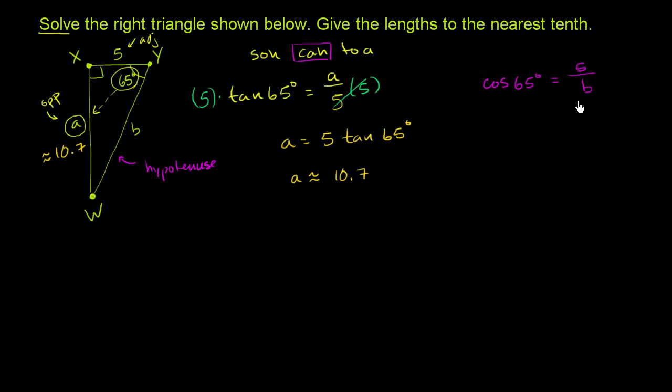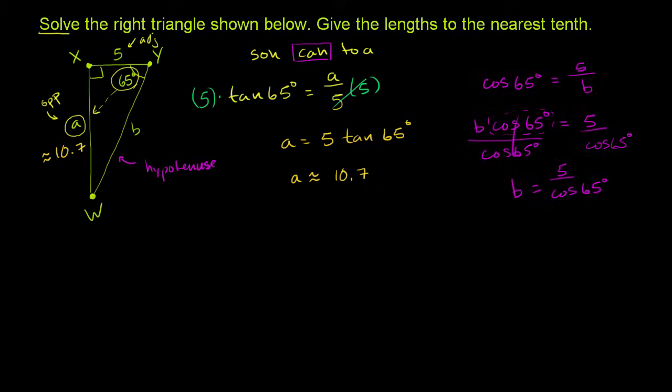You multiply both sides times B, and you're left with B times cosine of 65 degrees is equal to 5. And then to solve for B, you could divide both sides by cosine of 65 degrees. This is just a number, so we're just dividing. We have to figure it out with our calculator, but this is just going to evaluate to some number. So we're left with B is equal to 5 over the cosine of 65 degrees.